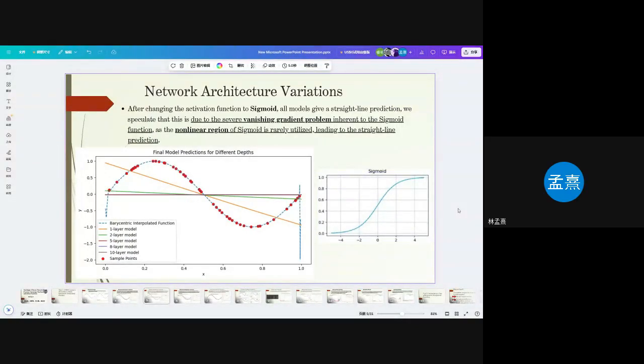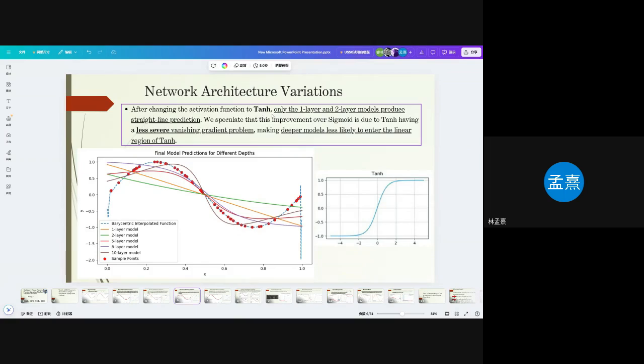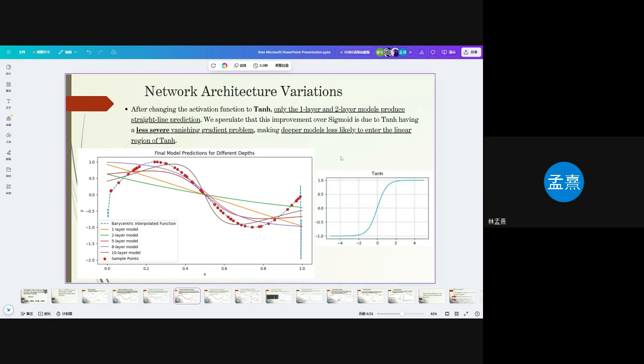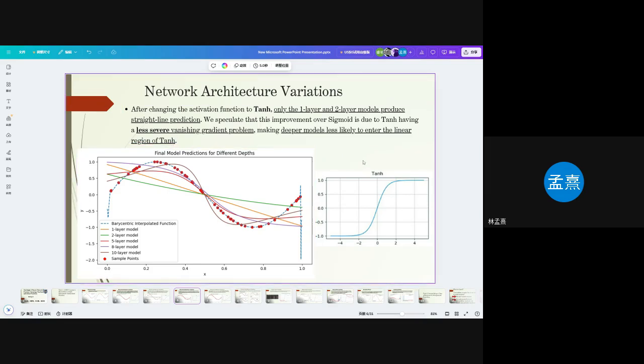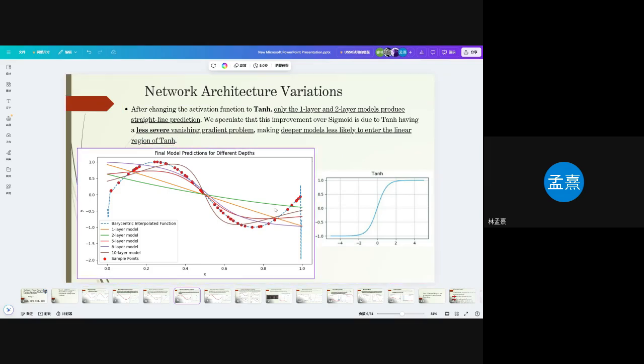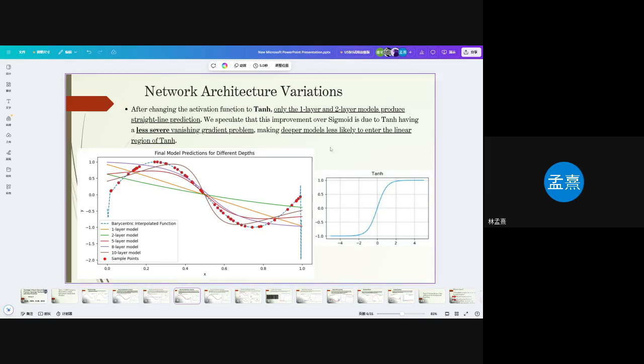So after changing the activation function to tanh, only the 1-layer and 2-layer models give a straight line prediction. We think this improvement over sigmoid is due to tanh having a less severe vanishing gradient problem, making deeper models less likely to enter the linear region of tanh.